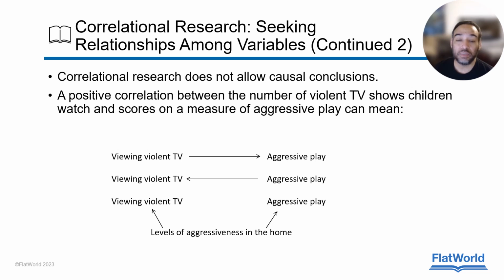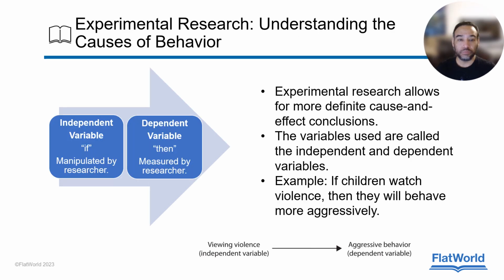So not that they're related to each other, violent TV and aggressive play, but there's just some third variable that you're not controlling for, which is aggression in the home. So there is correlation, but we don't know what's causing it, in other words.